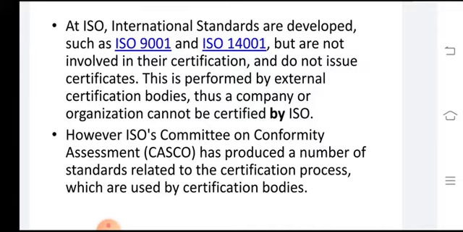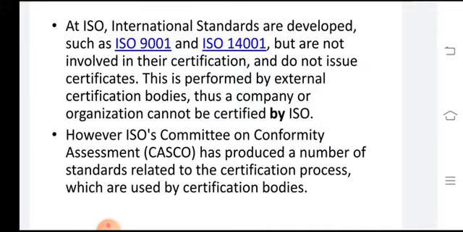Those guidelines are supposed to be followed by the industry or organization. Thus, there is supposed to be a uniformity throughout the globe, and every series is going to represent a typical specification.